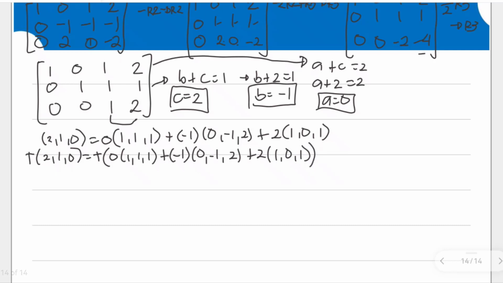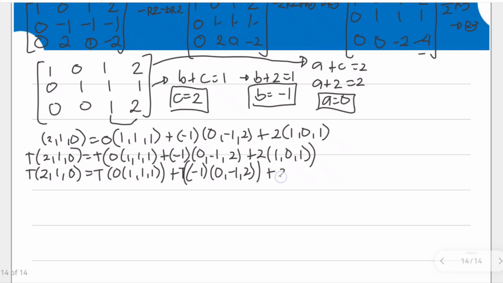When you have the linear transformation of a sum, you can simply make it the sum of separate linear transformations. That's one of the theorems that we have learned here. Plus negative 1, we have 0, negative 1, and 2. Plus we have here T of 2, 1, 0, and 1.